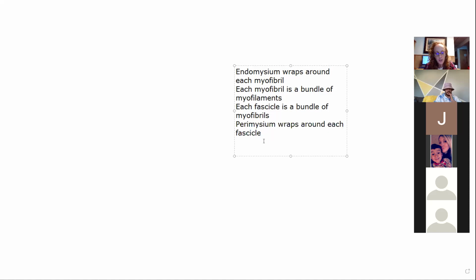And the epimysium, just while we're on this topic, wraps around bundles of fascicles and can be continuous with the tendon, the outer tendon that is attaching the muscles to the bones.